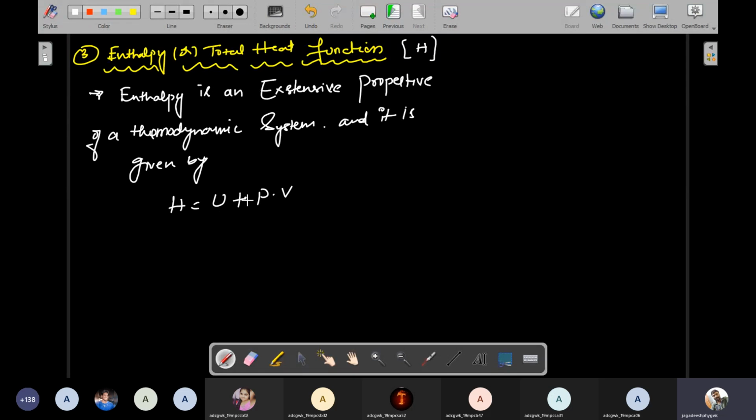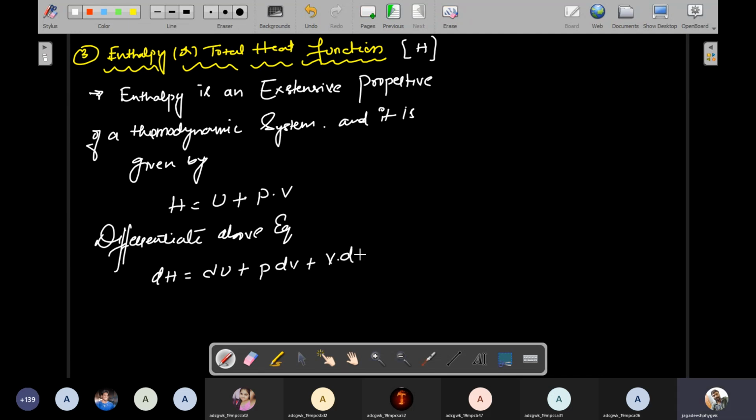So enthalpy is nothing but internal energy plus pressure times volume. Suppose we differentiate the above equation, then dH = dU + P dV + V dP.